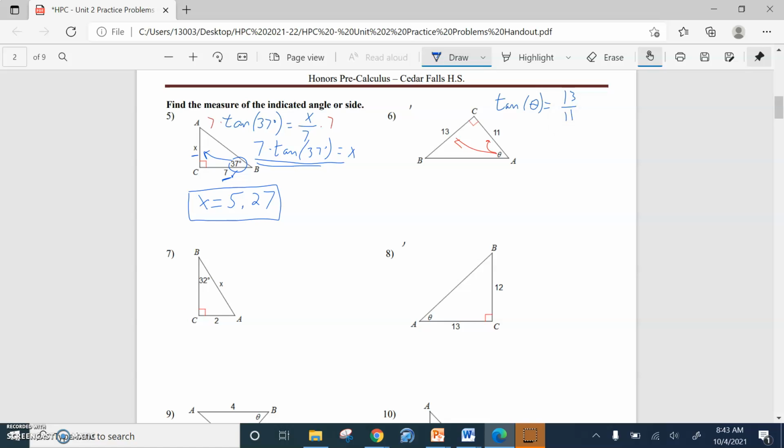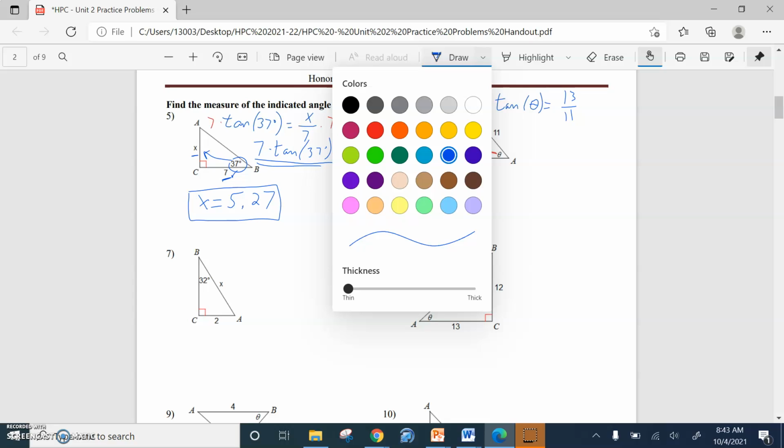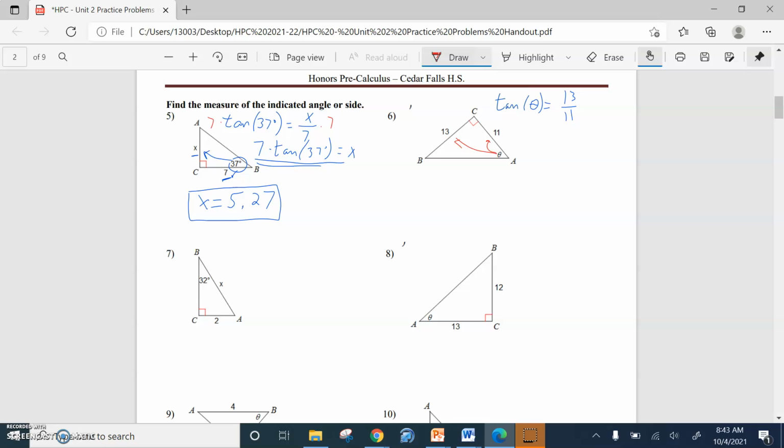This one's a little bit trickier because, like in problem 5, we need to get the variable by itself, but in 5, we just multiplied both sides by 7 and we were done. This one here, it's inside of a trig function. So what we need to do is take both sides and undo tangent.